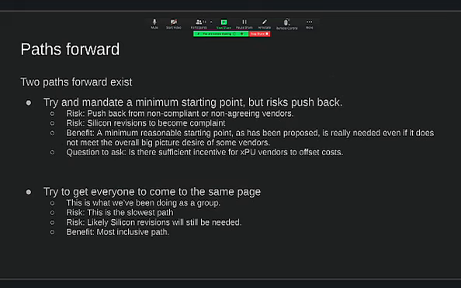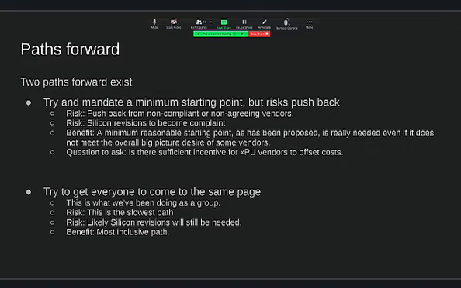I see two basic paths forward. We could try and mandate some minimal starting point, but we risk pushback. Specifically, if we were to say, you will be perfectly compliant to PCI spec and those device initialization mechanisms within power on the machine, we're basically saying we don't care about a bunch of your use cases that you are selling these devices to your customers with.